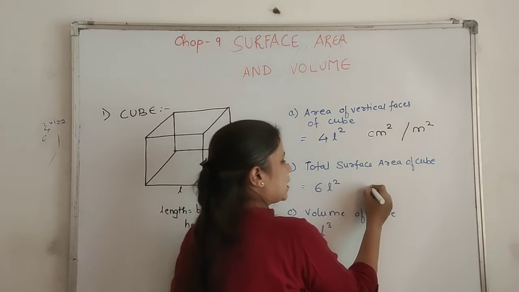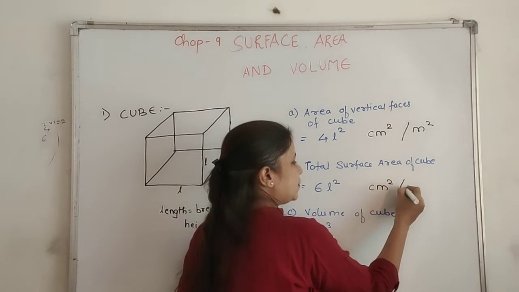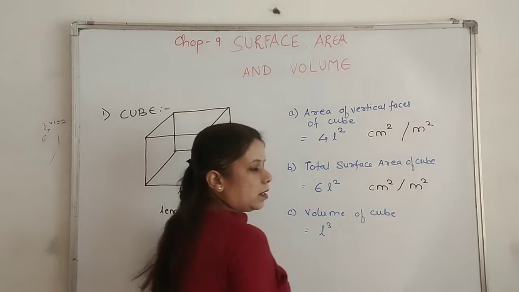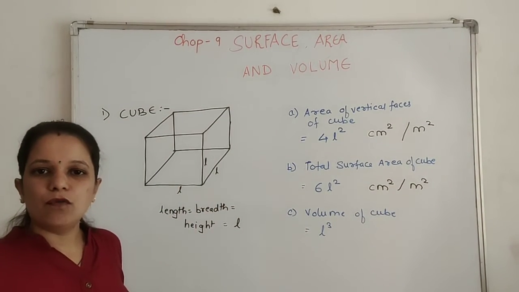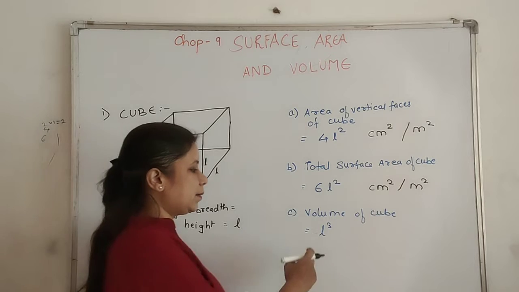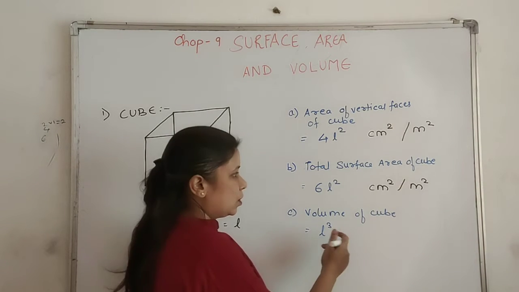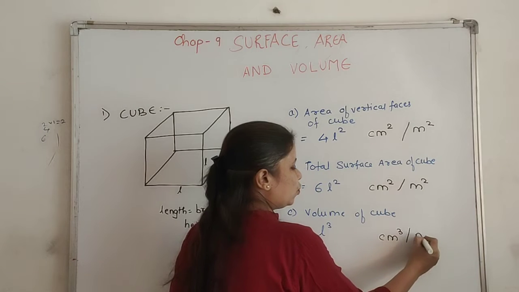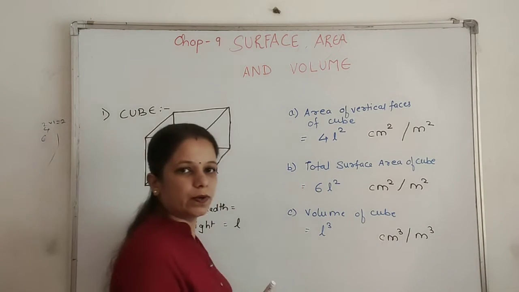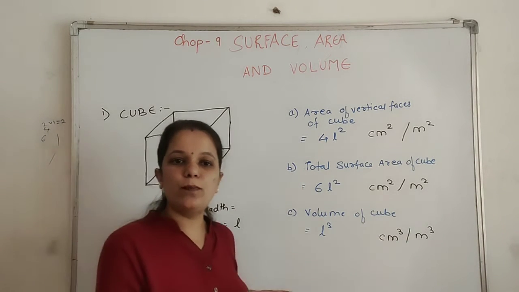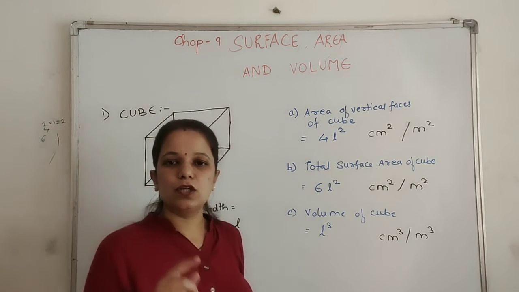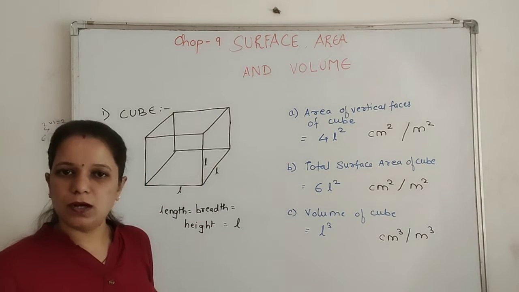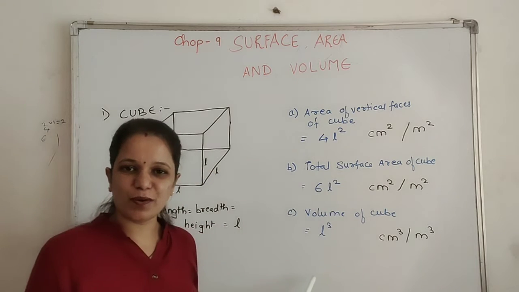Total surface area, same formula, centimeter square or meter square. For volume, we are multiplying it 3 times. So the unit will be centimeter cube or meter cube. It is also called cubic centimeter, cubic meter. Okay, so please note down the formulas.